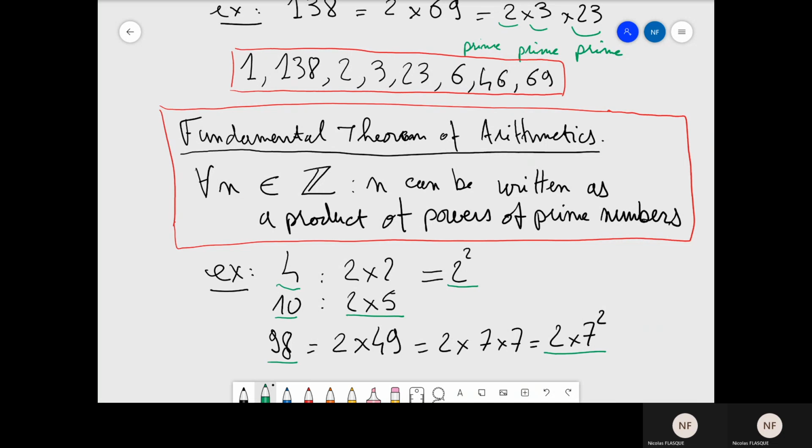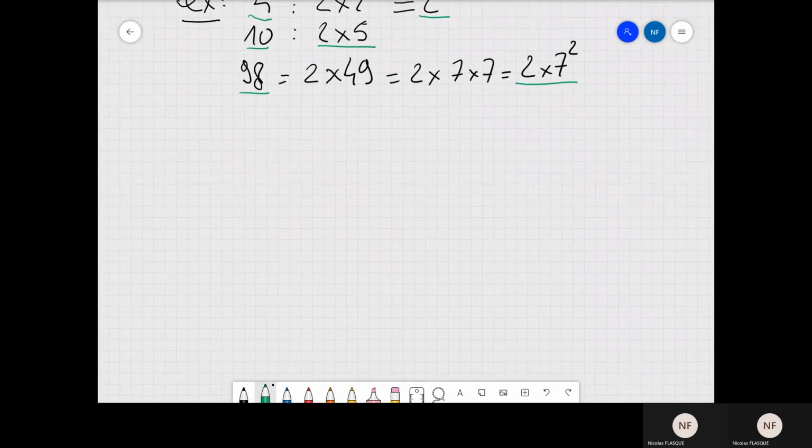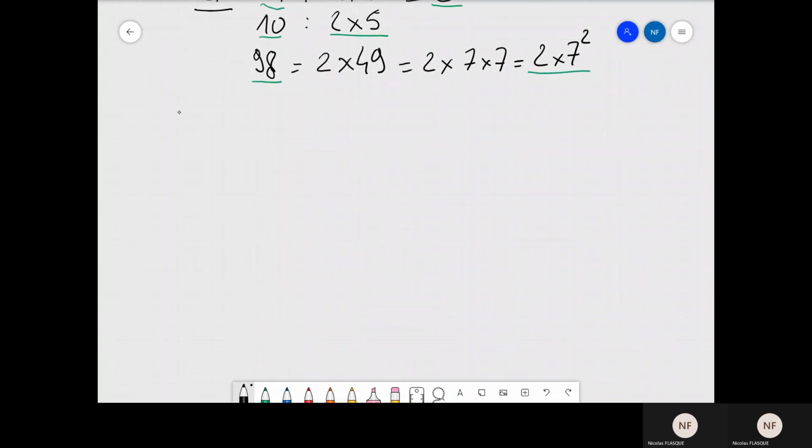So from those products of powers of prime numbers, we can do exactly the same thing that we've done previously with the example of 138, that is finding all its divisors. Okay, so what's next about that is the GCD.